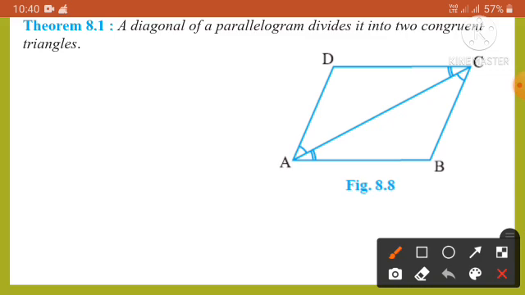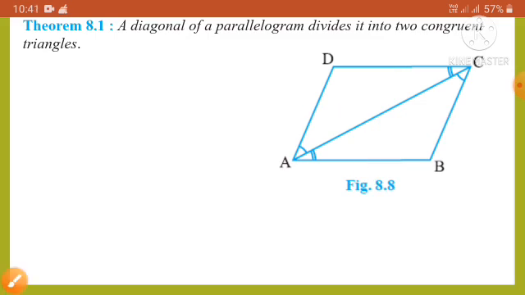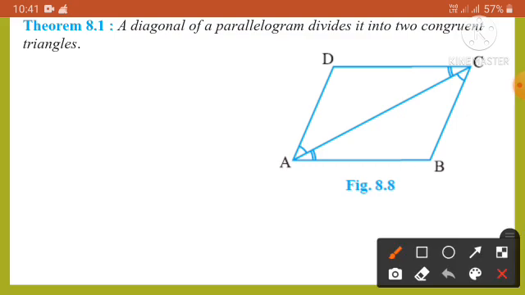We know that opposite sides of a parallelogram are parallel, so here we can say that AB parallel to DC and AD parallel to BC. Since AB is parallel to DC and AC is the transversal, we can say that angle BAC and angle DCA are equal as alternate angles.